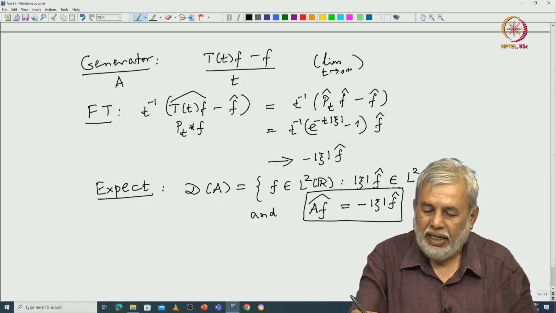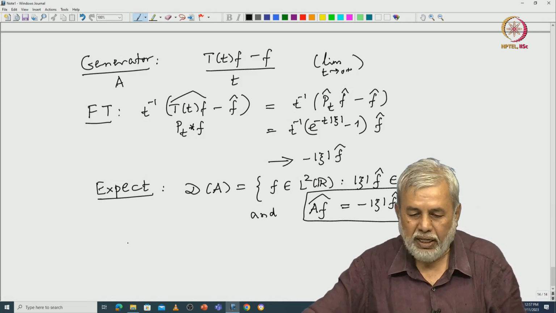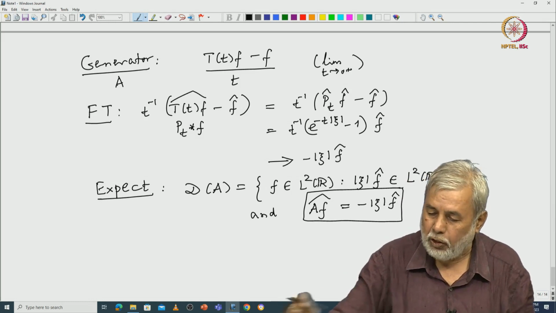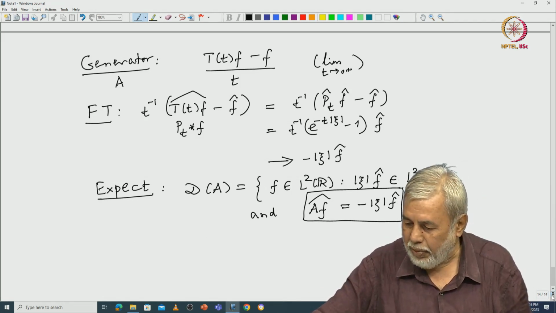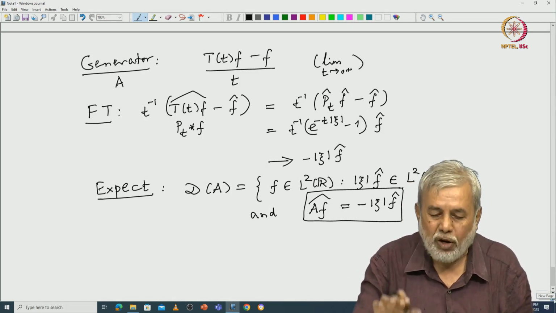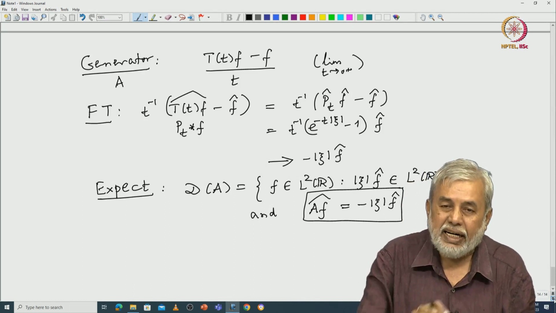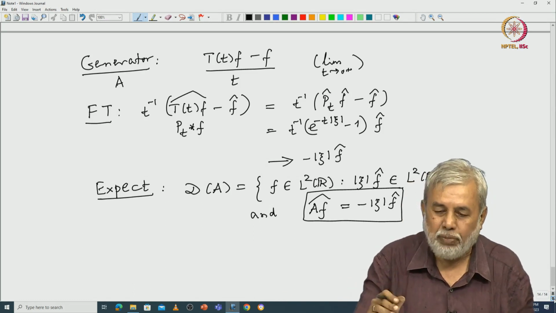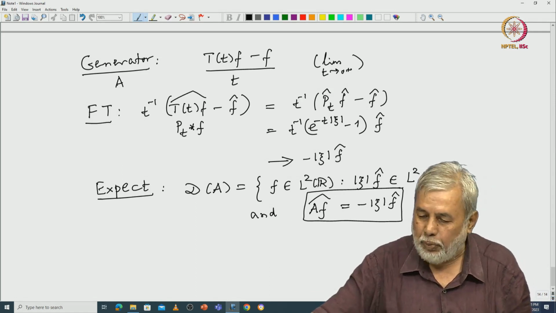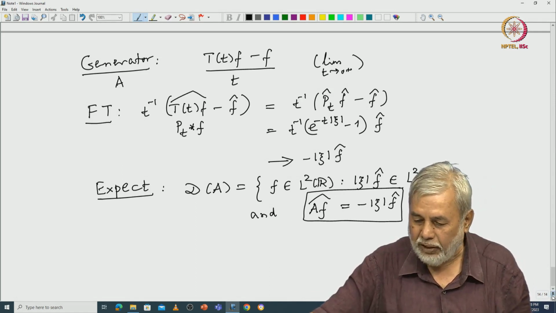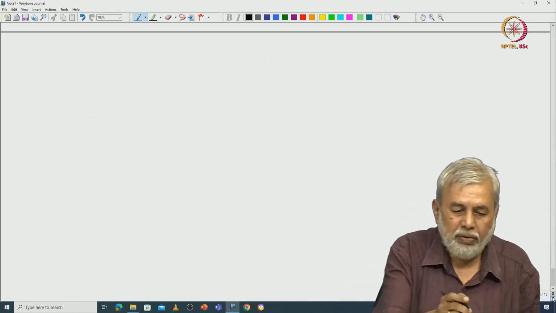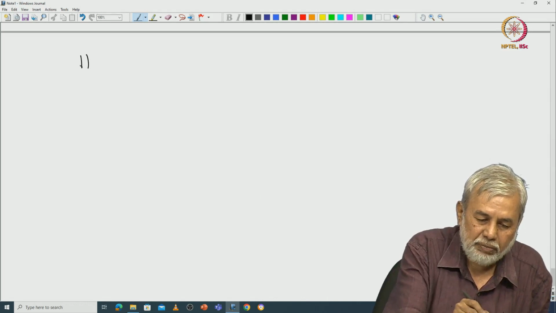And what is this operator? Of course, you have to make all the arguments rigorous here, but at least we can guess the form of the generator. That is the first important step, and then you try to prove that all the computations are valid. So, let me just mention that this is an important operator, the Hilbert transform.